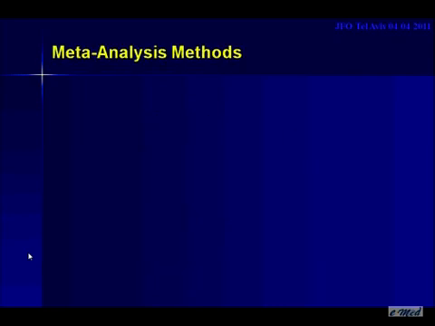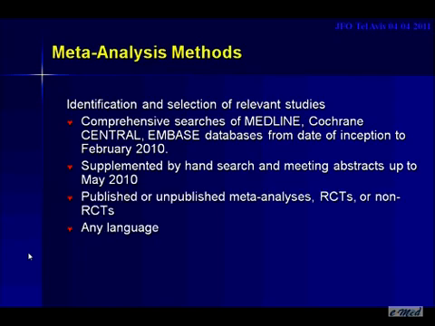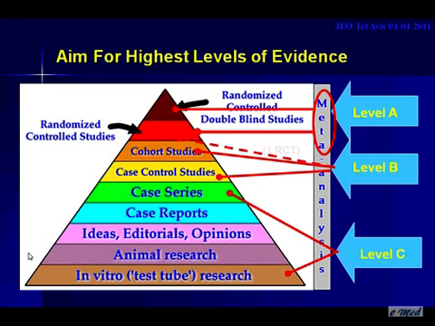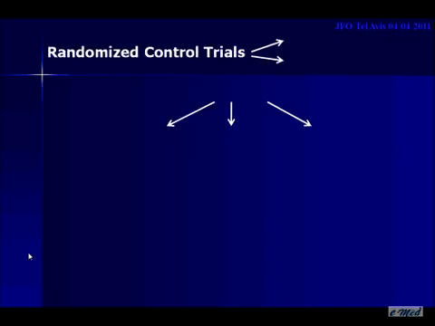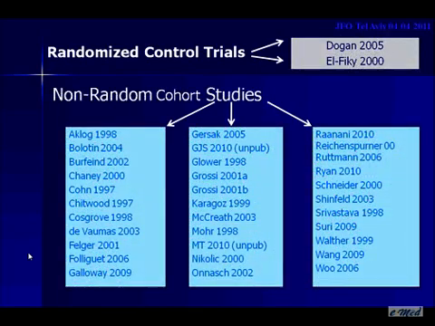Now, if we look at what we see in the literature about this topic, there are many papers that have been published. If we select only the highest quality papers, I mean the randomized controlled studies and the cohort studies, you see that we have 2 randomized studies, and all the other papers were non-randomized cohort studies. The ISMICS group has analyzed these publications.